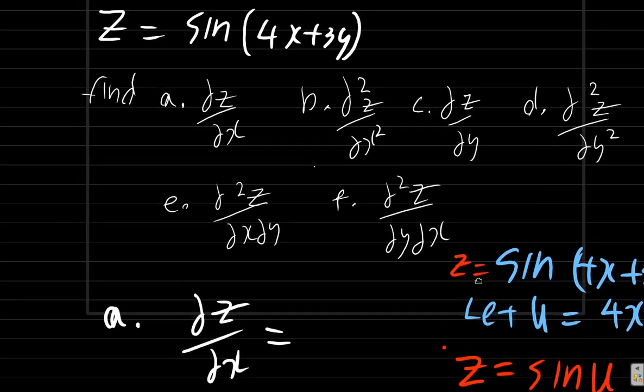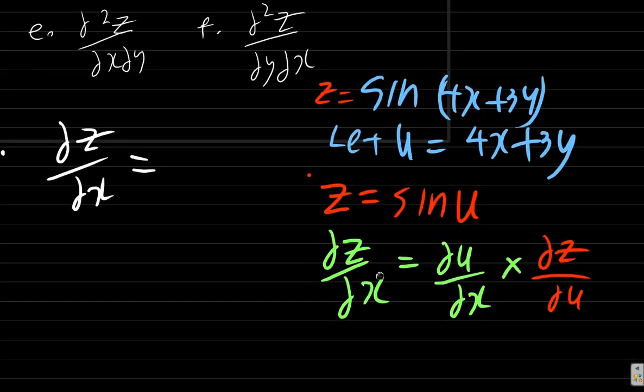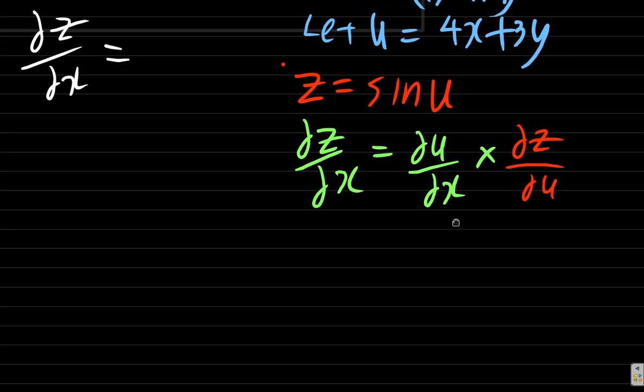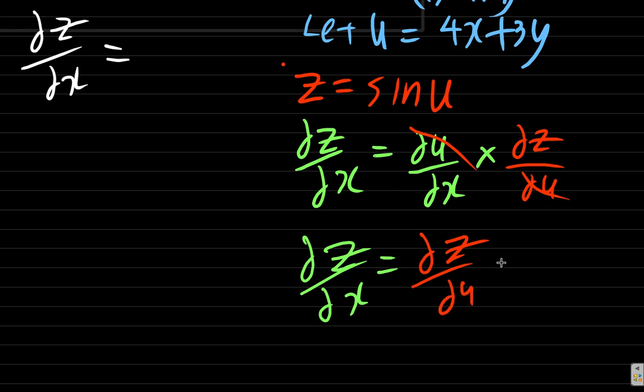So therefore, ∂z/∂x is equal to ∂z/∂u times ∂u/∂x, and the ∂u would cancel.